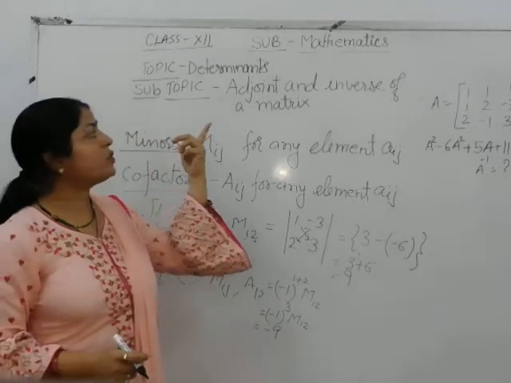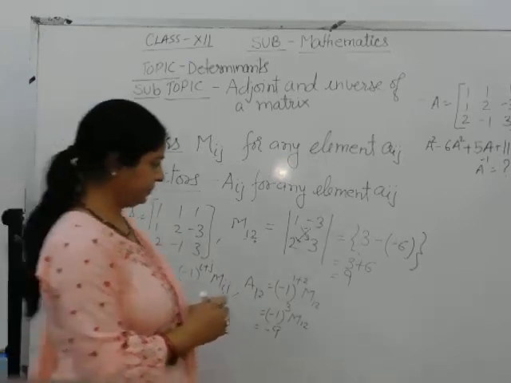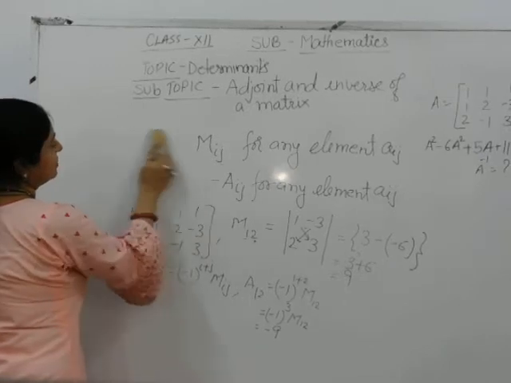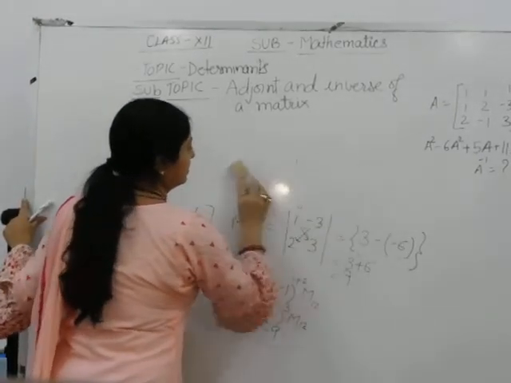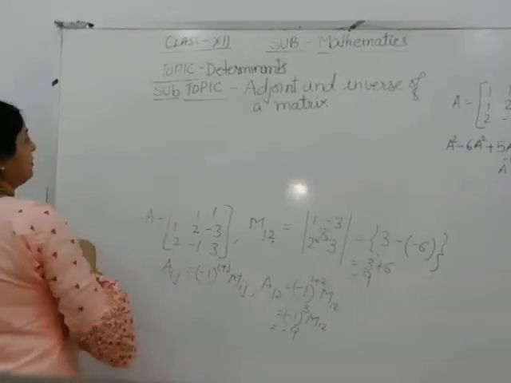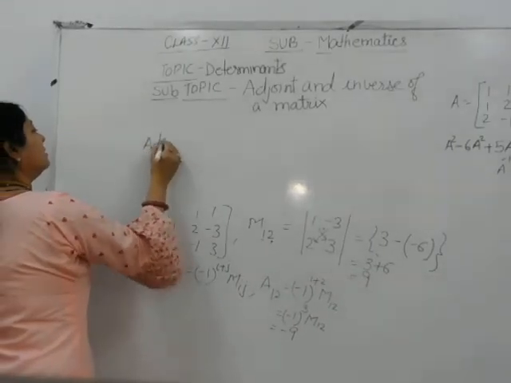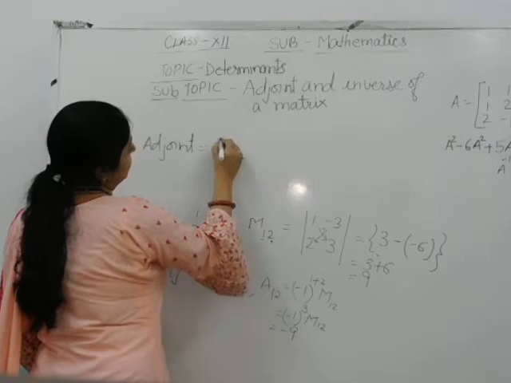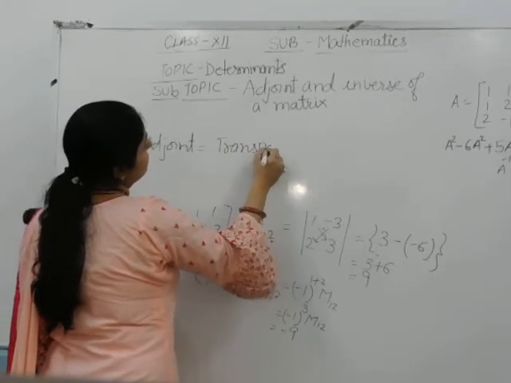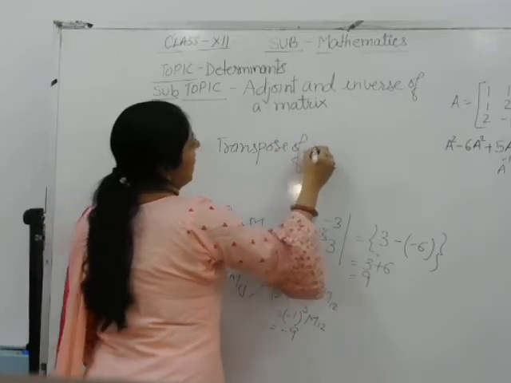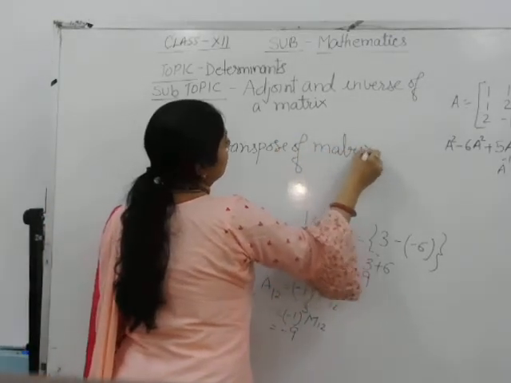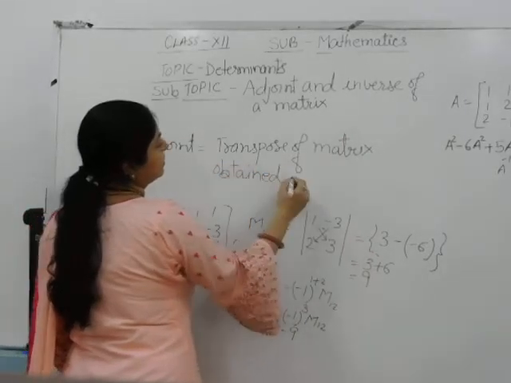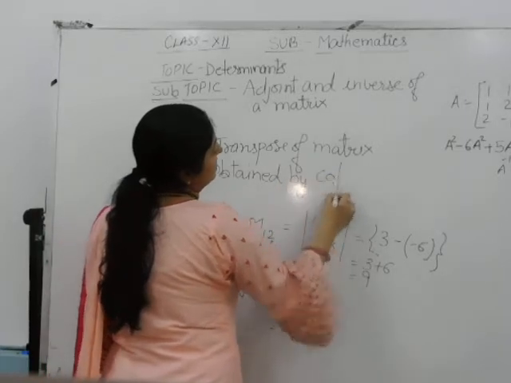And the topic is to find the adjoint. So, adjoint means the transpose of the matrix obtained by cofactors.